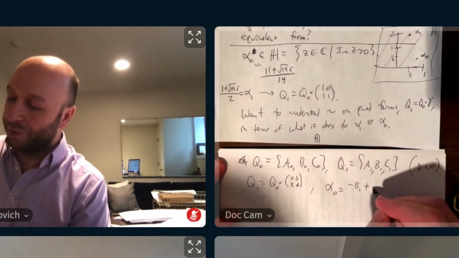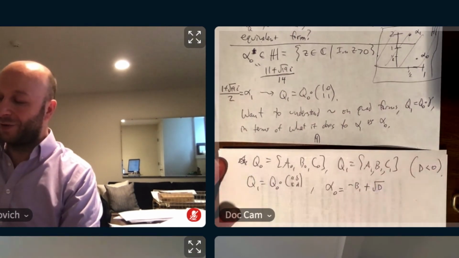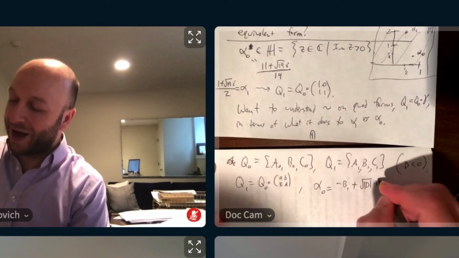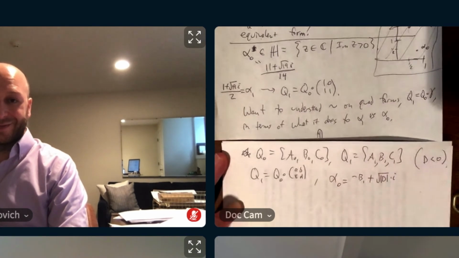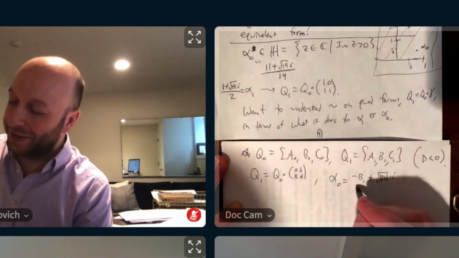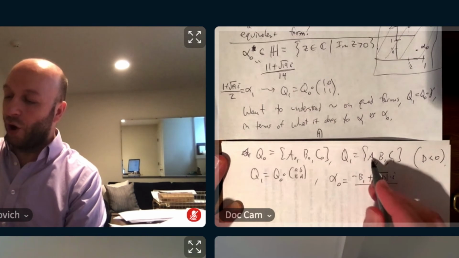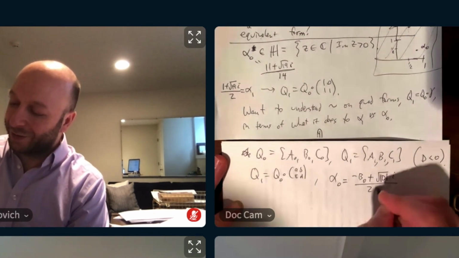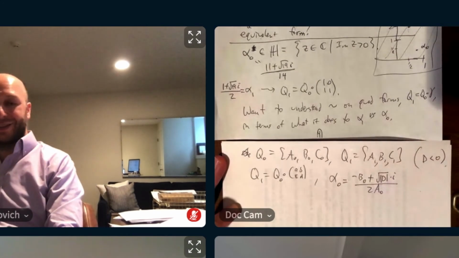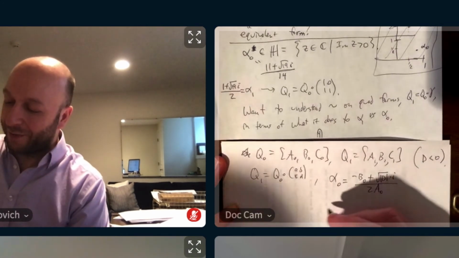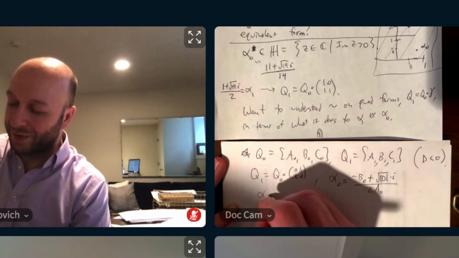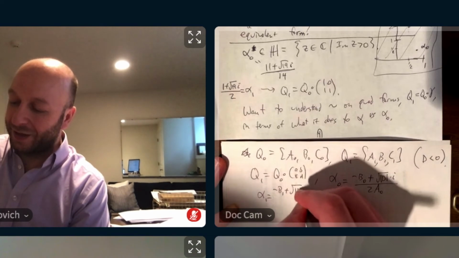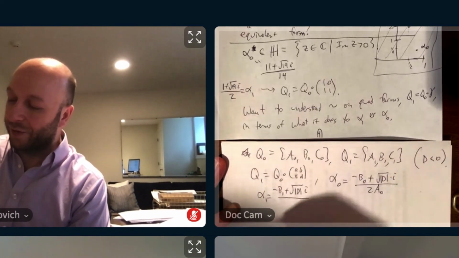So this is root D, which I remind you, maybe I should write it as absolute value of D times i, to make it explicit that we have a complex number, over 2a0. And we have alpha 1, which is negative b1 plus square root of D over twice a1.